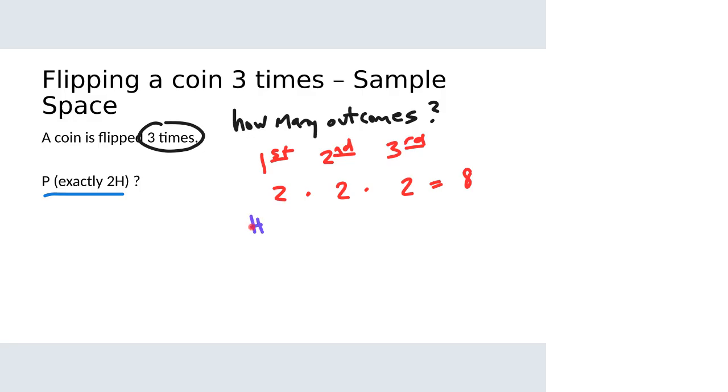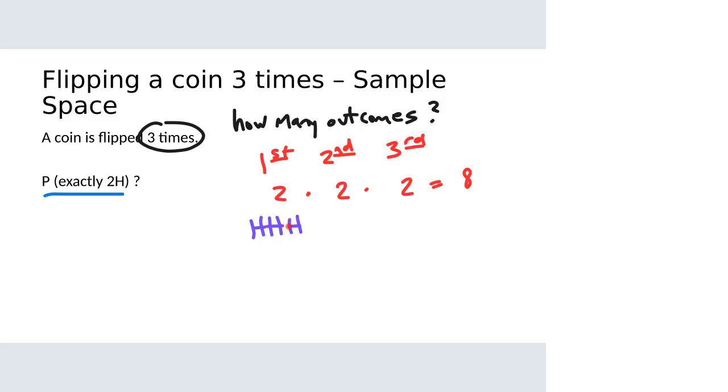So I could get heads, heads, heads. I could get heads, heads, tails. And what I want you to think about when I'm writing down here is, let me back up just a minute. If I flip these 3 coins, they could all be heads. So that's the first thing we'll write down, all heads.